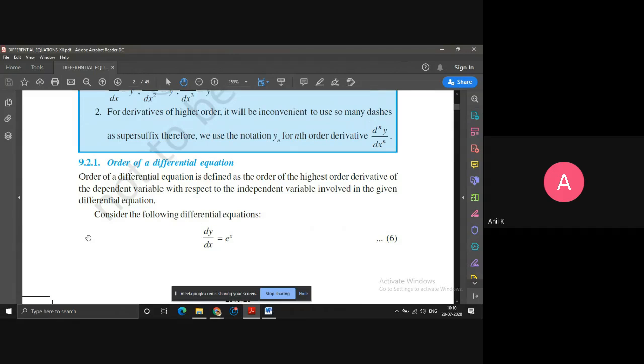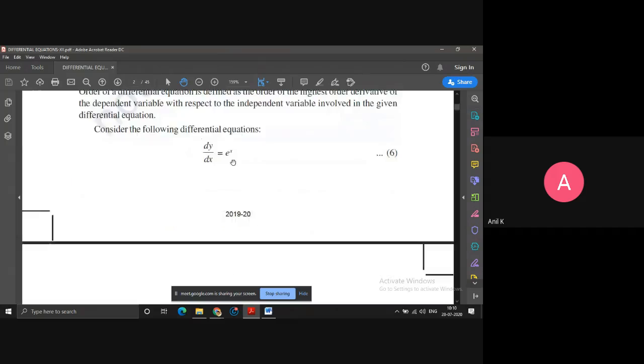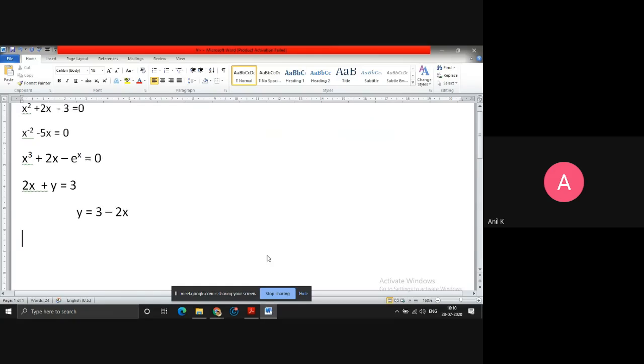So if I say dy by dx equals e to the power of x, what is the function here? My function is y equals e to the power of x.